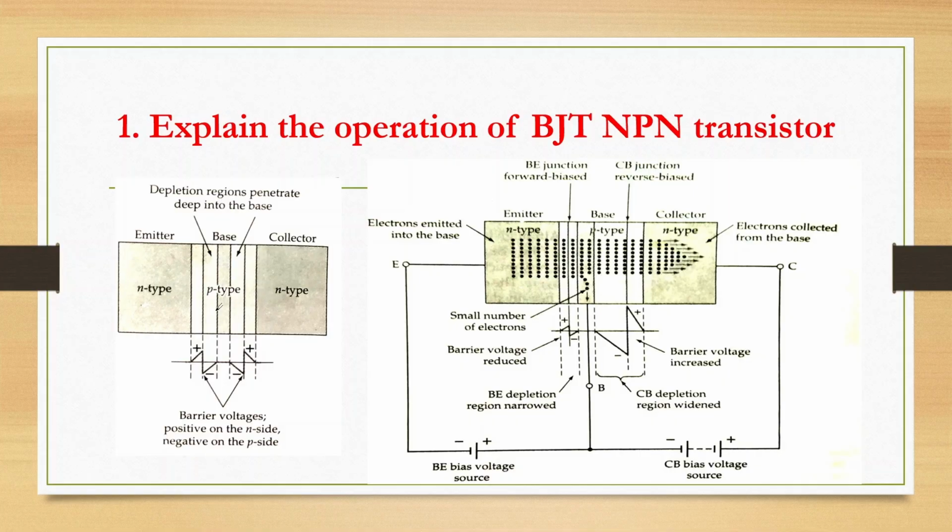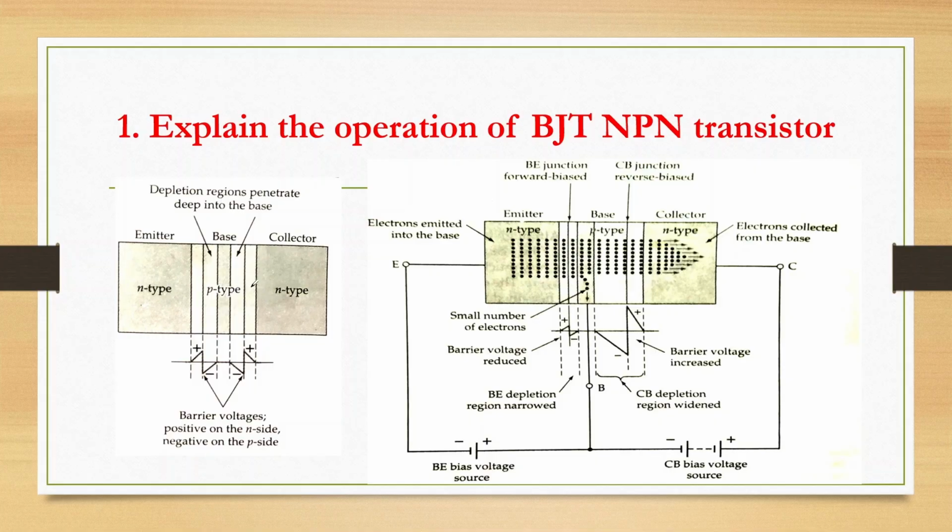So the depletion region at emitter junction penetrates less in the heavily doped emitter and extends more in the base. Similarly, the depletion region at collector junction penetrates less in the heavily doped collector and more in the base region, that is P type.